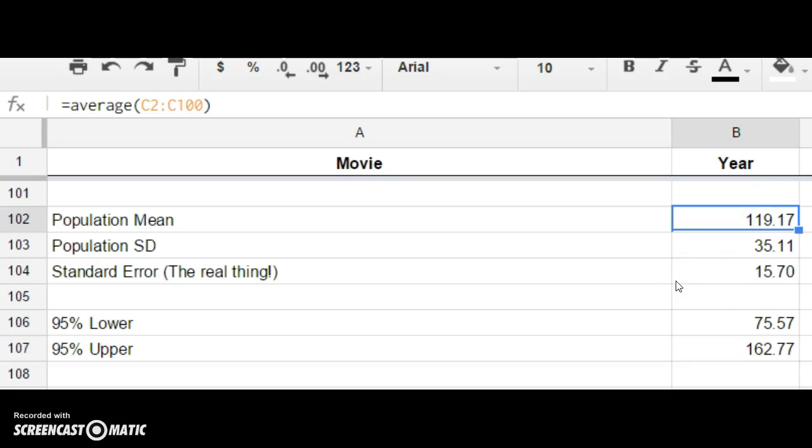So if you can see what's going on here, there's a back and forth. We can either start with the actual population mean, create a confidence interval around it, and then see whether or not we're in the confidence interval. Or we can start with our sample and create a confidence interval around our sample, and that gives us a sense of whether the population mean is inside of our confidence interval.